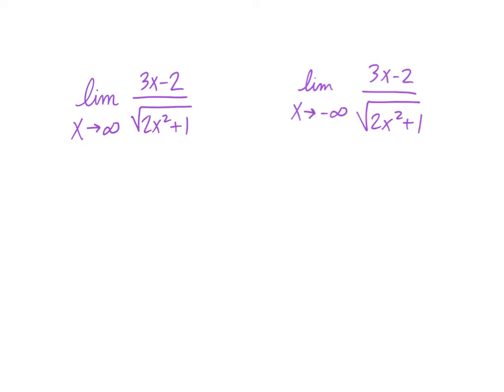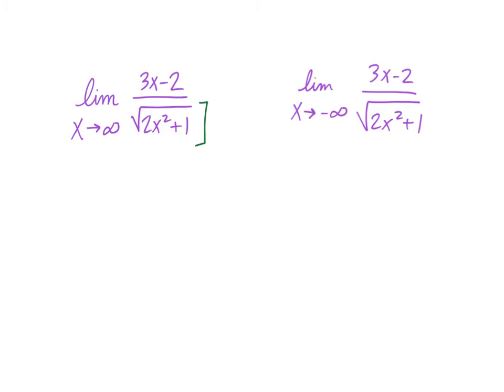So let's first just establish this. The bottom of this fraction is the square root of 2x squared plus 1. Can we agree that the 1 is irrelevant in the long run? We're talking about x values that are infinitely large. Let's say you plug in x as 100. 100 squared is 10,000, so 2x squared would be 20,000.